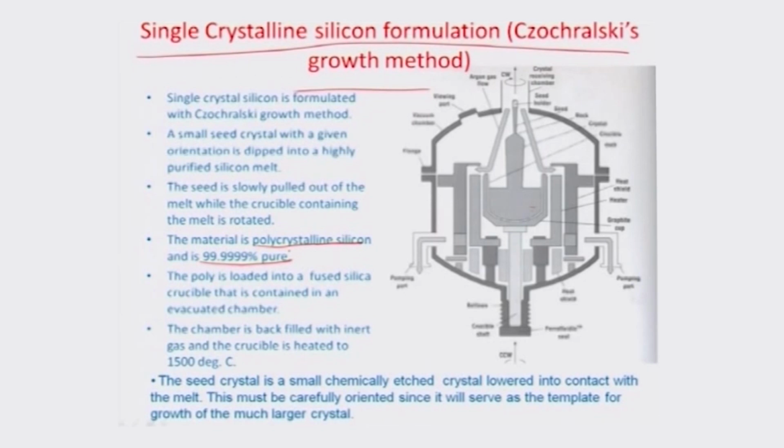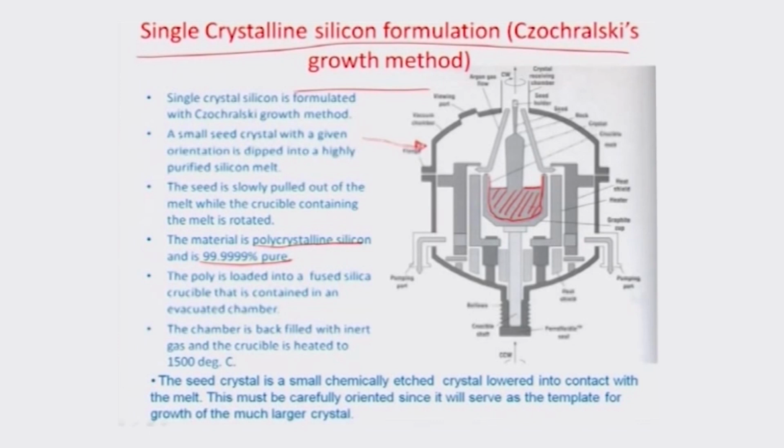And this fusion process is by thermal means. There is a crucible which is indicated here in this figure, which comprises a central cavity, and this cavity, as I am illustrating by this border here, contains the silicon material, the polycrystalline silicon fused material.